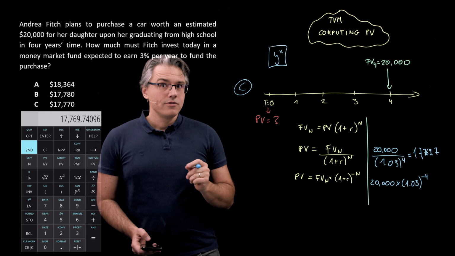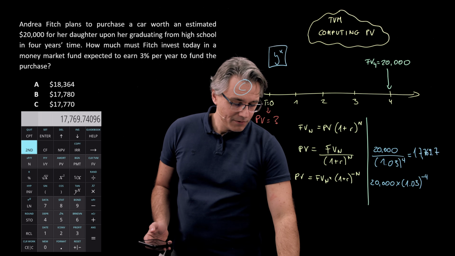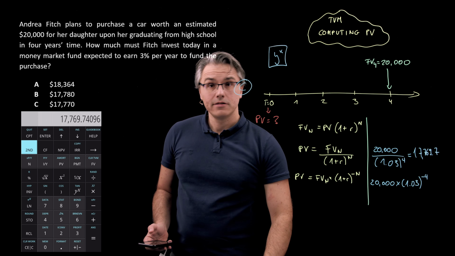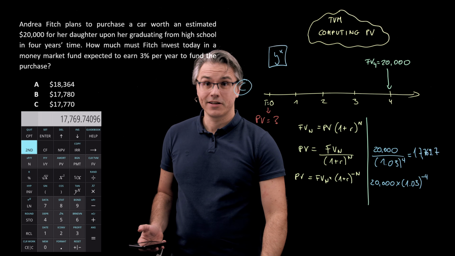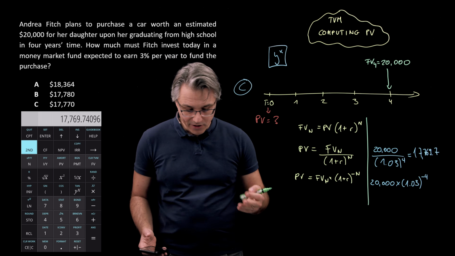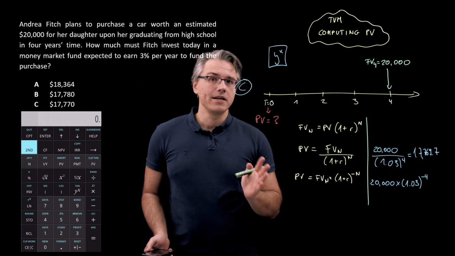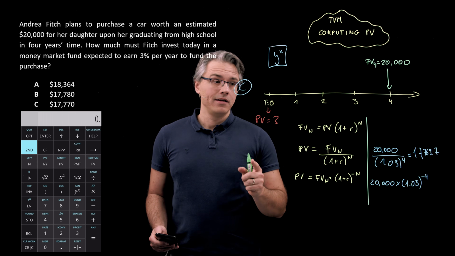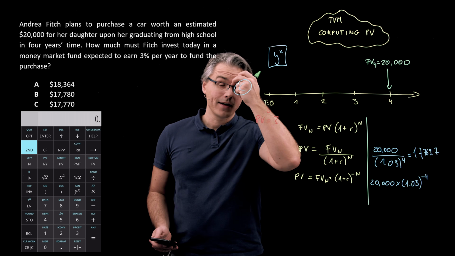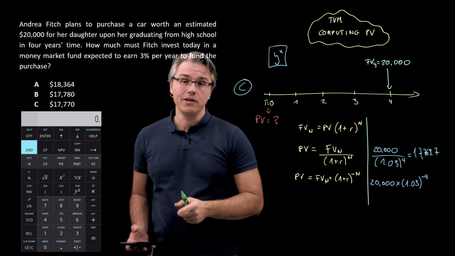Okay, I also want us to try and get the same result, but this time using the time value of money worksheet, which is going to be extremely important, as I said in the previous video, for your success in this exam. So what you've got to do is provide the calculator with all the inputs, save one. You're not going to provide the calculator with an input for PV, because that's what you'll have to compute.